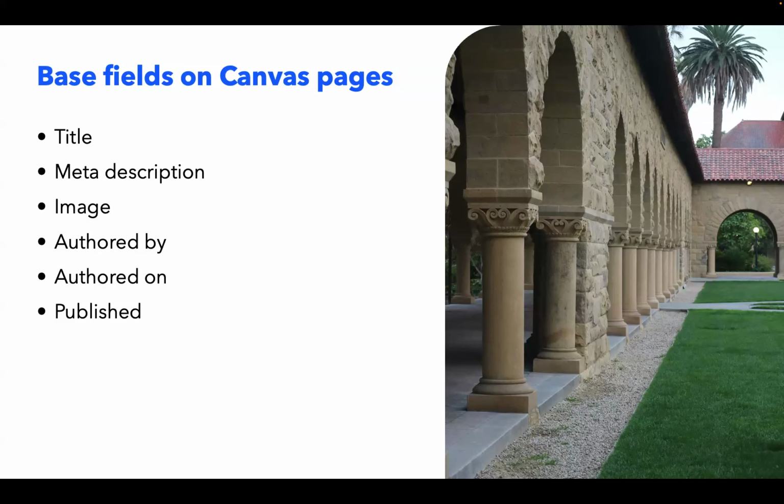I'll talk about this a bit more later, but that's the kind of use case where a base field really makes sense, for having these kinds of consistent fields across all of the bundles within an entity type.